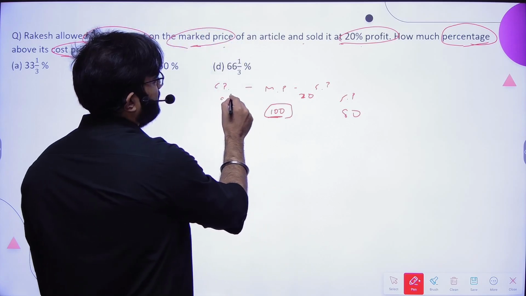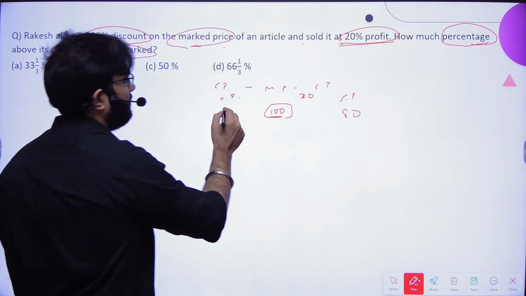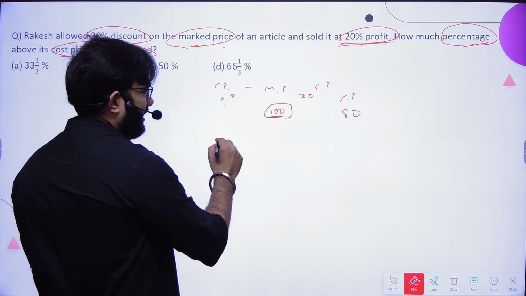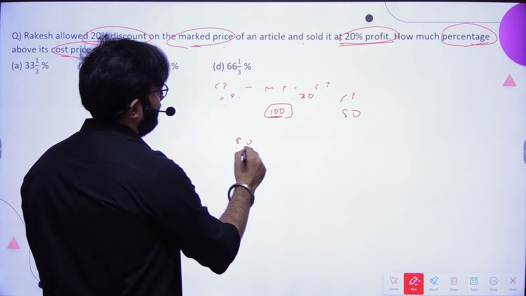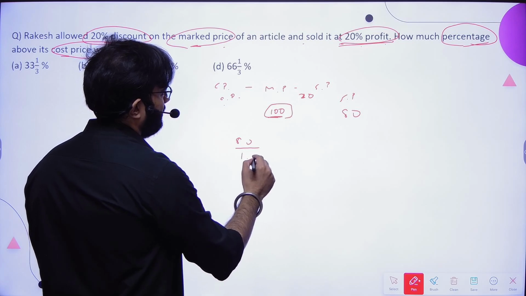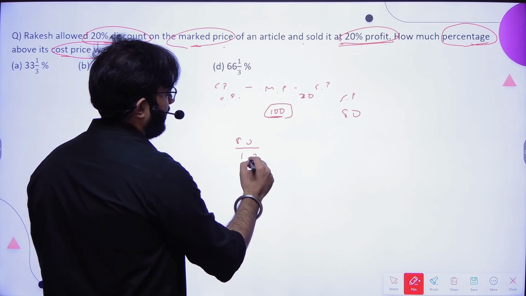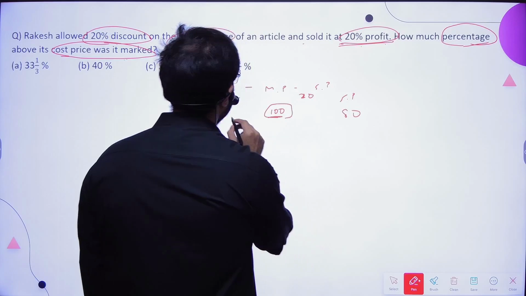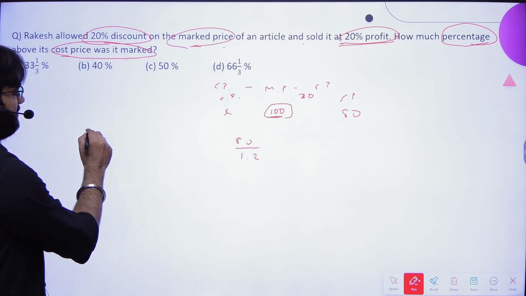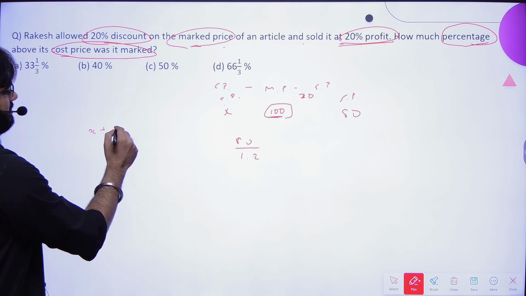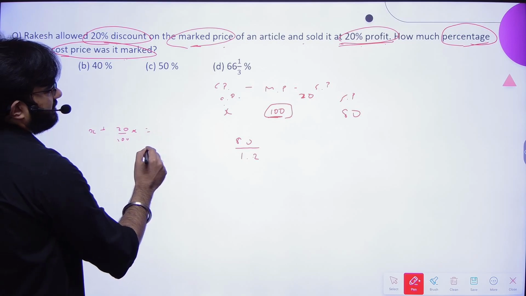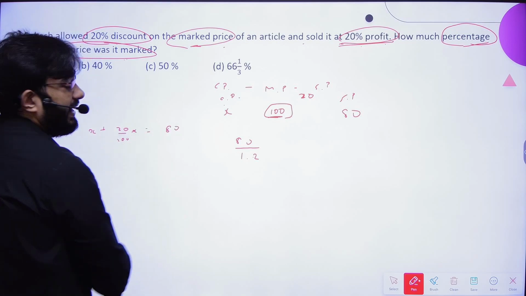Fine. Now the profit is being made on the cost price, and it is 20% profit. So again, I can directly go 80 upon 1.2, because if we take the cost price as x, then x plus 20% of x will be equal to 80.